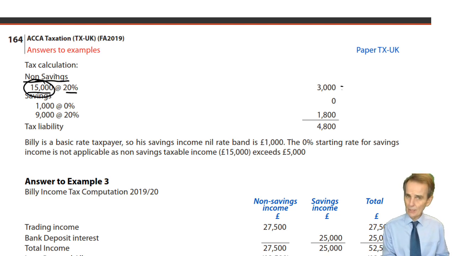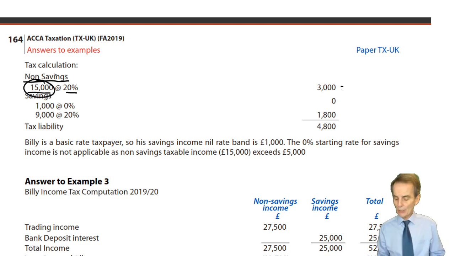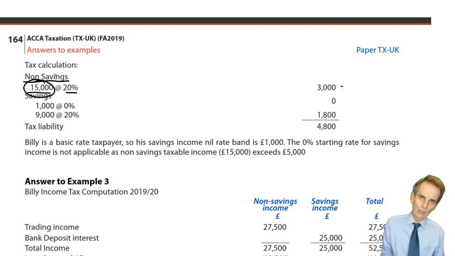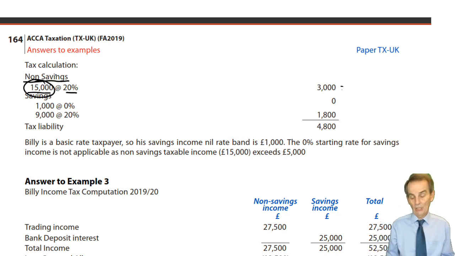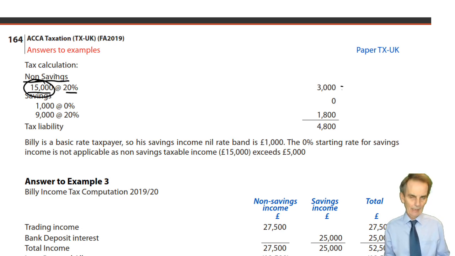But what is available is the savings income nil rate band. The only time there won't be any savings income nil rate band is if you're what level of taxpayer? I hope I hear you saying there, additional rate. But if you're basic rate or higher rate, there is a savings income nil rate band available. But it's different. If you are, as here, a basic rate taxpayer, it's as good as it gets. £1,000 worth of savings income nil rate band.